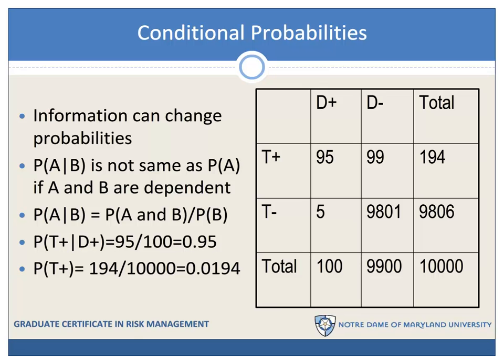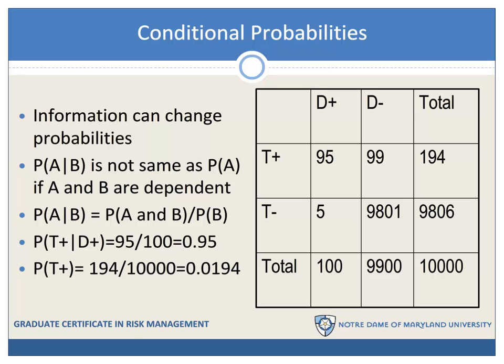But let's use the table first, just so you can get the idea here. As a matter of fact, look at the very last bullet. The probability that you test positive, that's 194 people out of 10,000. 0.0194. That's the probability that you test positive. Less than 2% of the people are going to test positive.